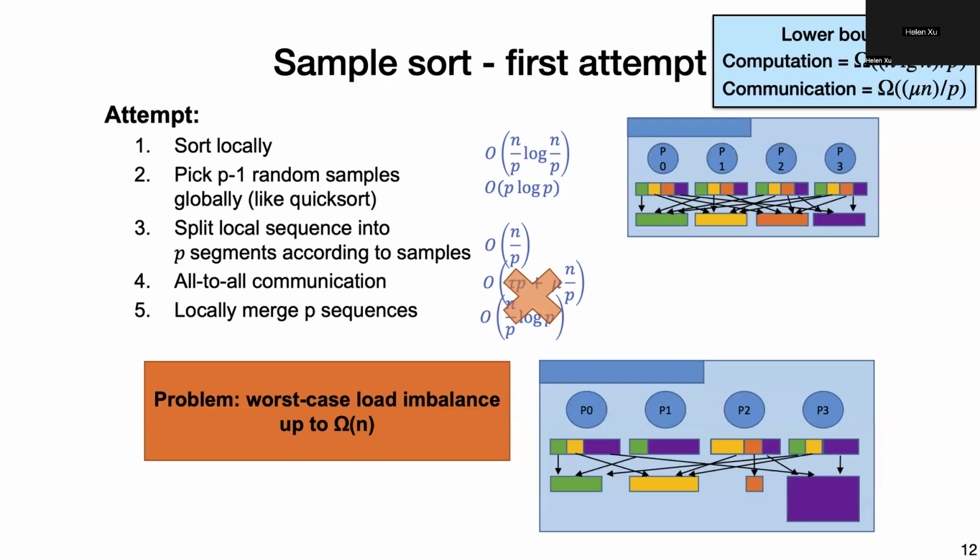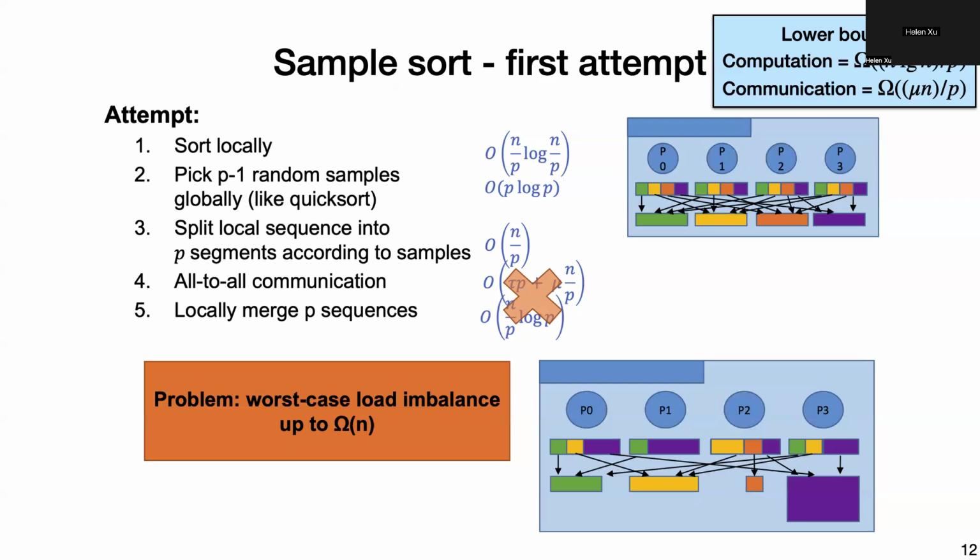That's saying in the worst case, how many elements could any processor get? It's lower bounded by n. Imbalance is defined as the max over the processors of how many elements are destined for that processor. Does that make sense?